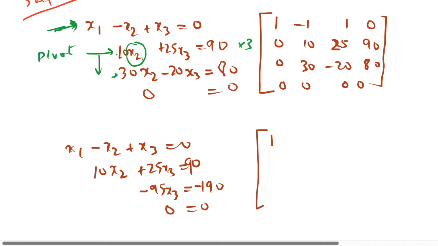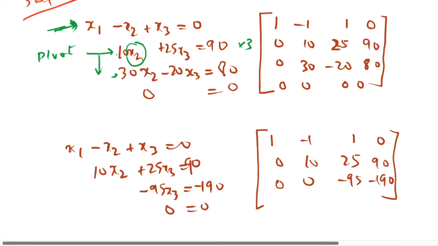The corresponding augmented matrix will be 1, minus 1, 1, 0, and 0, 10, 25, 90, and 0, 0, minus 95, minus 190, and 0, 0, 0, 0.